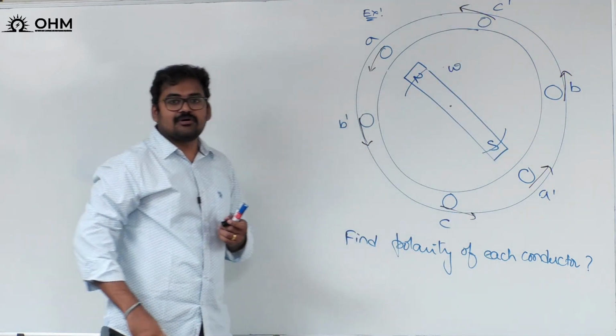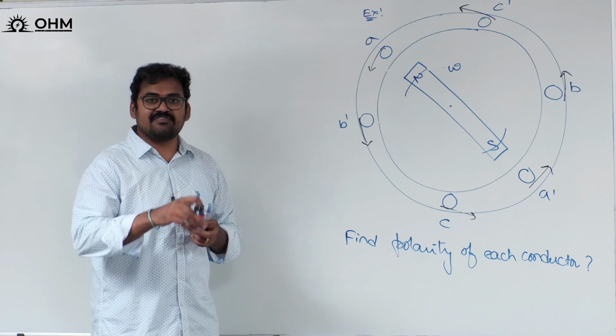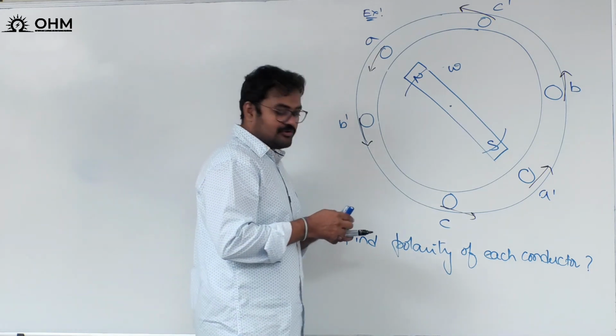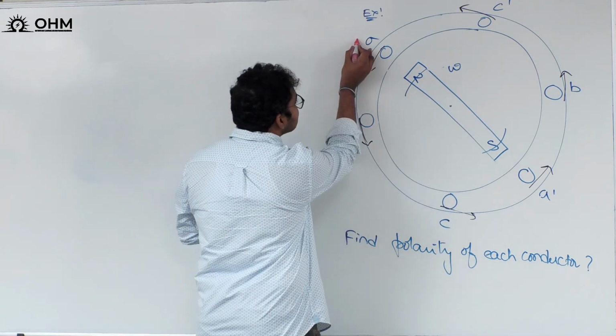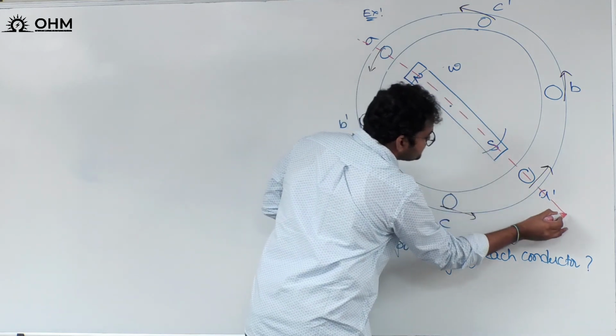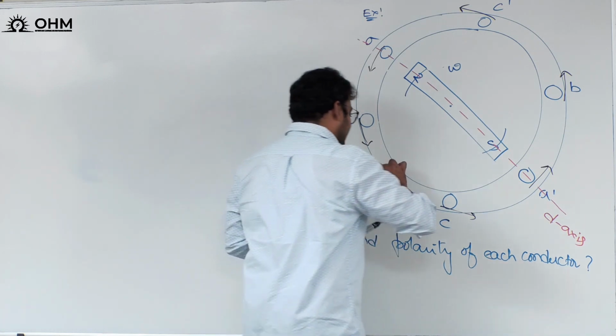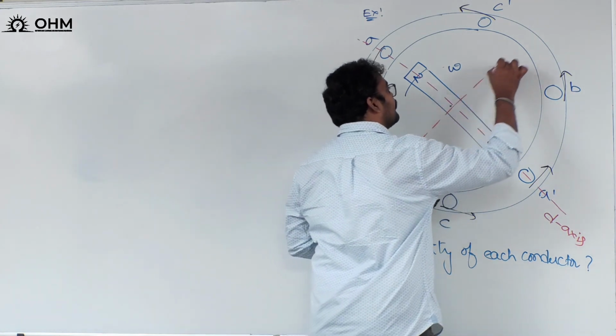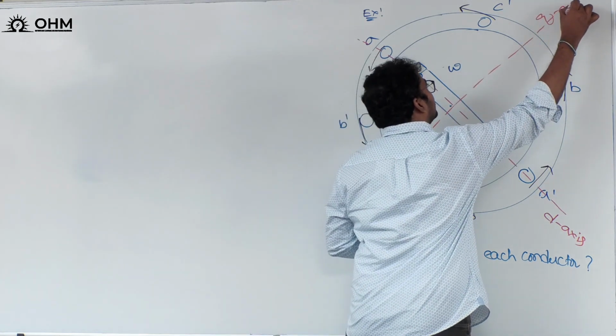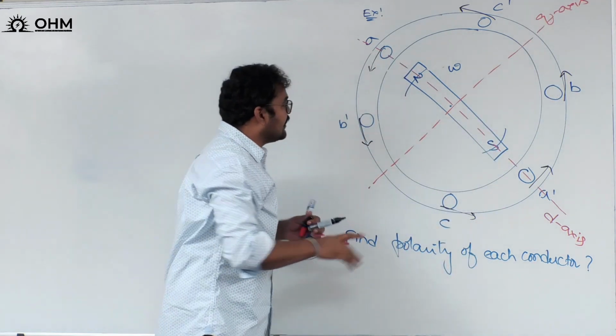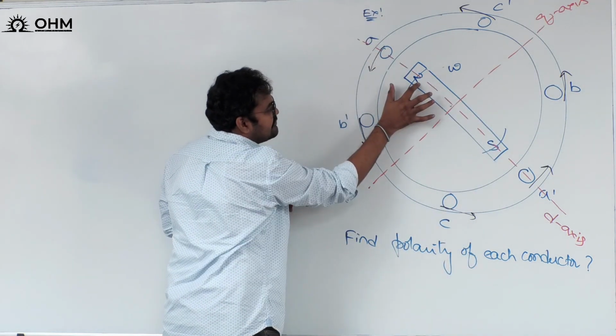Okay. So now identify the polarity of EMF across the direct axis first. I know direct axis means it is the axis passing through the poles. This is going to be the D axis. If this is the D axis, exactly perpendicular, we have the Q axis. Now above this Q axis, which pole effect?